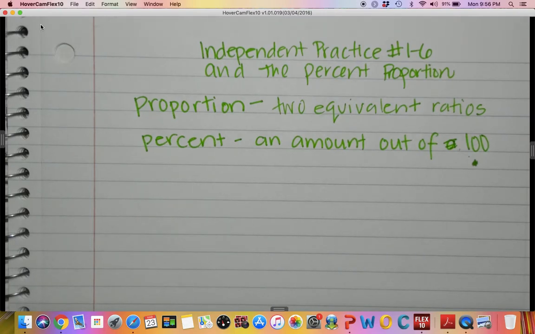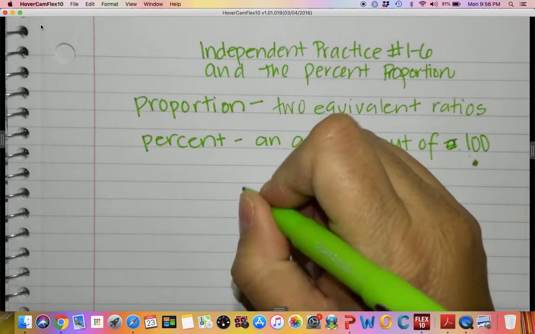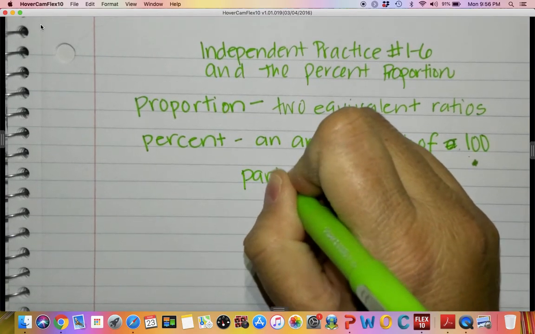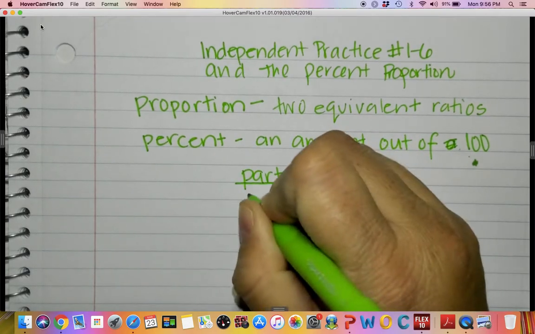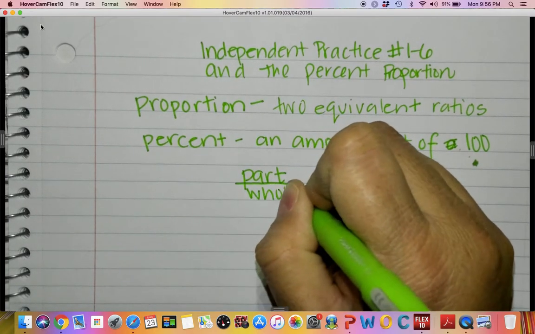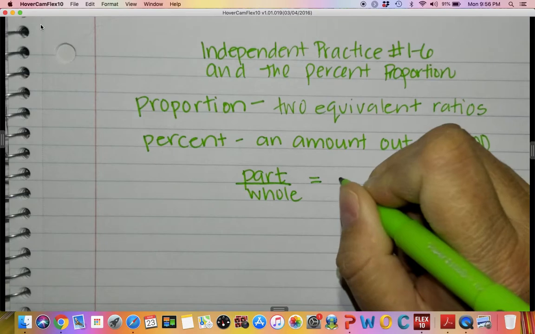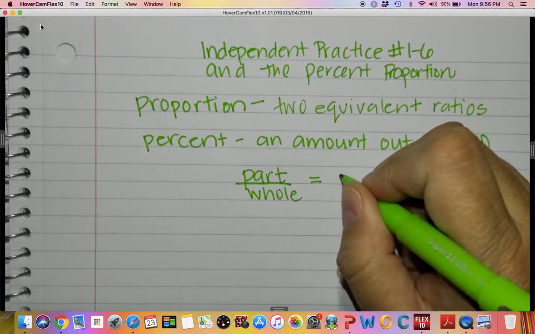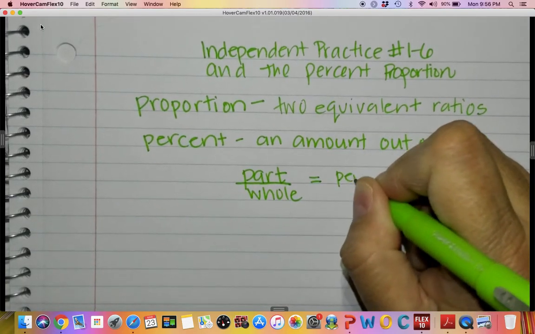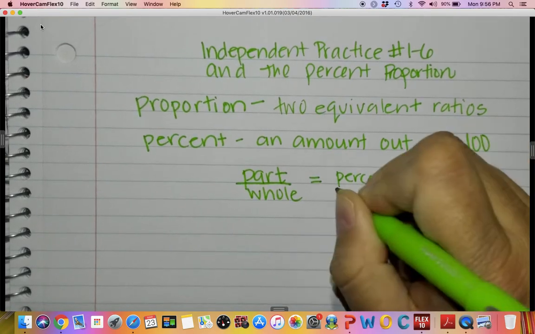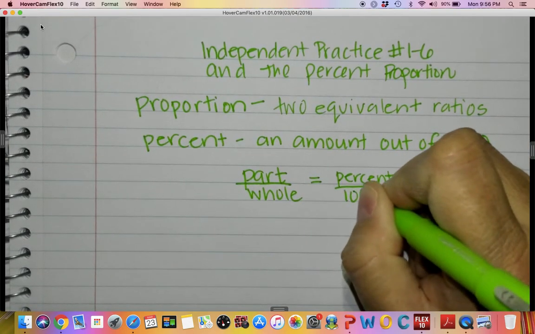So the way we're going to look at a percent proportion is going to be a part over a whole equals a percent out of 100.